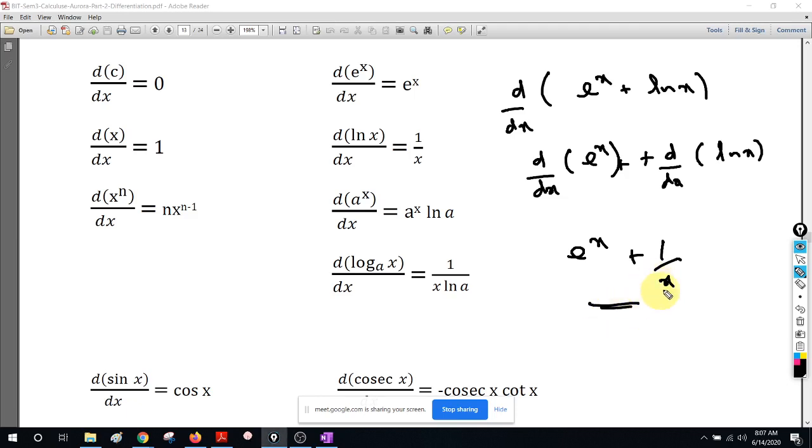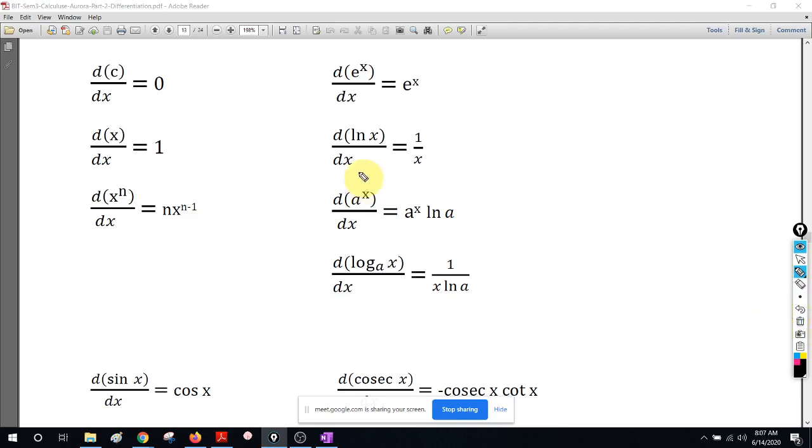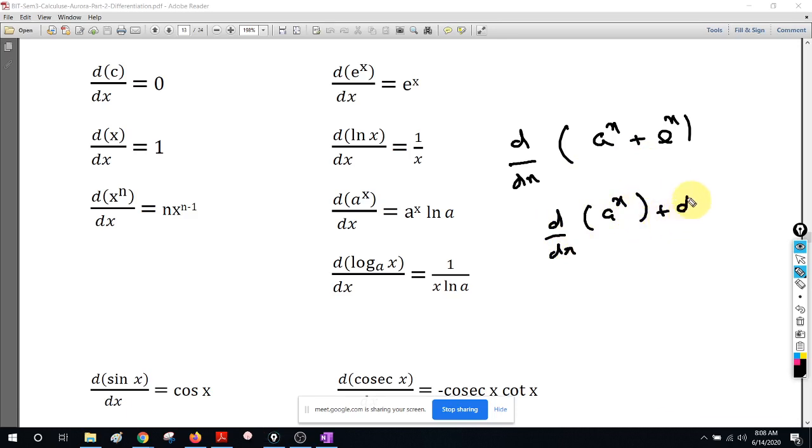So let's take just one more example: d by dx of a^x plus e^x, right? So again summation, d by dx a^x plus d by dx e^x.